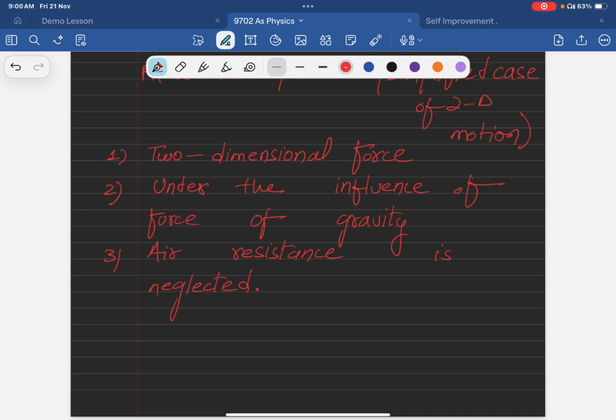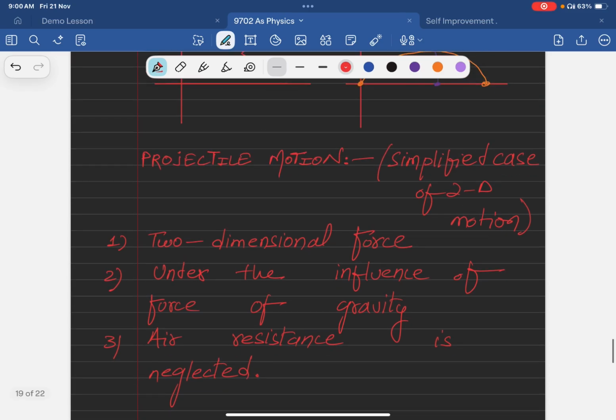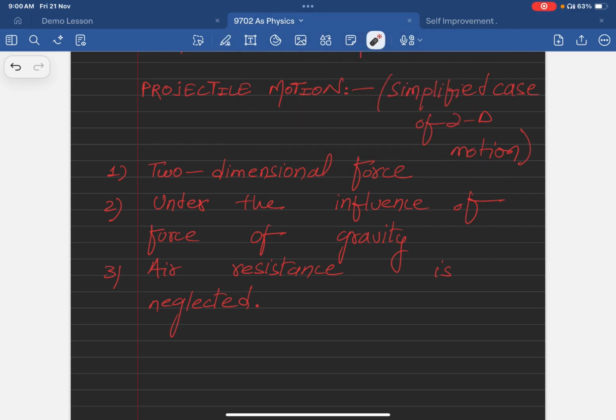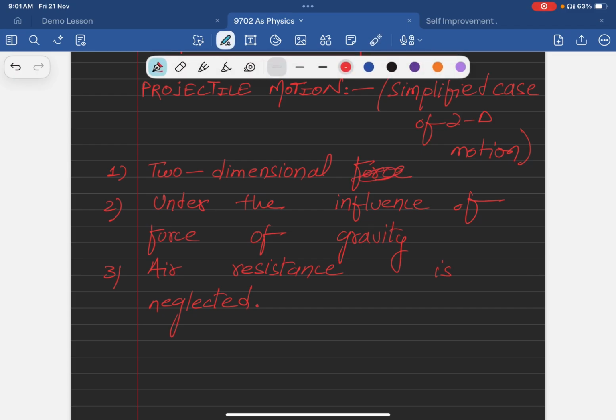I often say in my class that every two-dimensional motion is not projectile motion, but projectile motion itself is a two-dimensional motion, with two conditions.